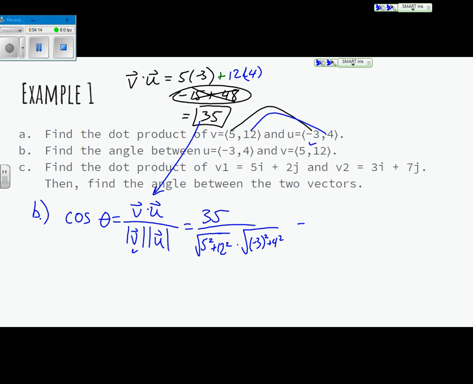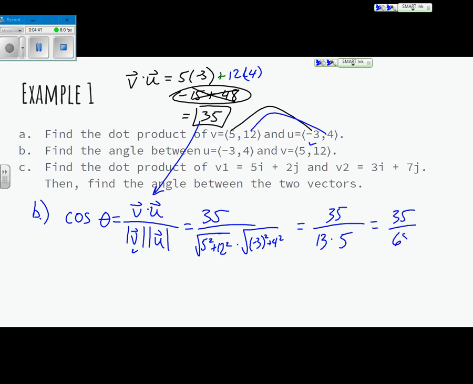So I have 35 over the square root of 5 squared plus 12 squared, 25 plus 144, 169. The square root of 169 comes out to be exactly 13. Here I have a 3, 4, 5 triangle. 9 plus 16 is 25, and the square root just came out to be 5. Now just 13 times 5, which is 65.